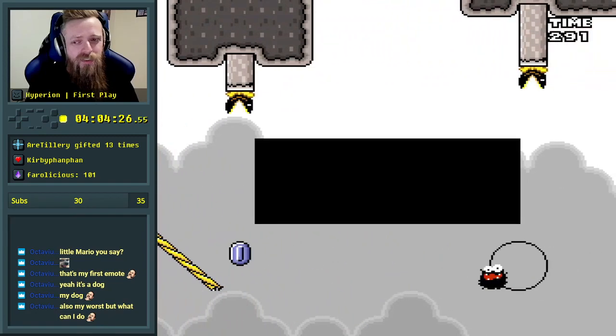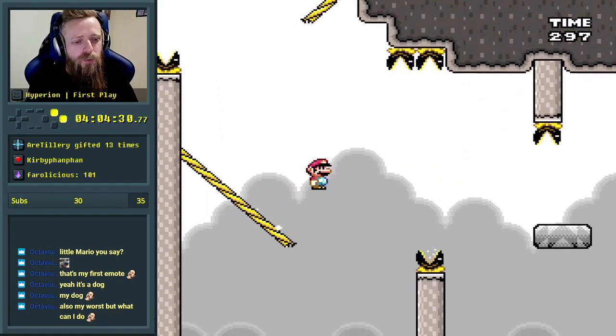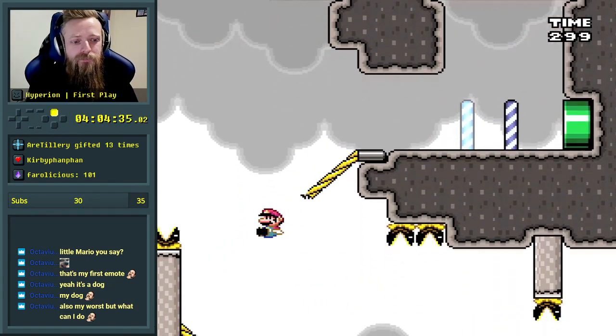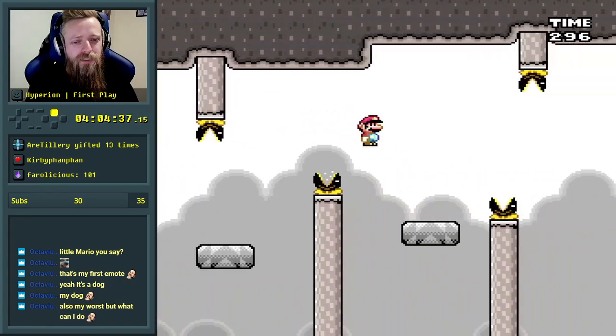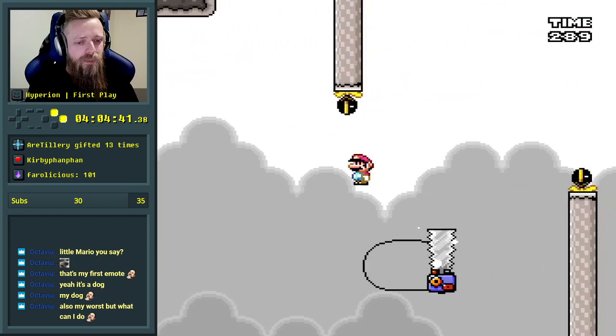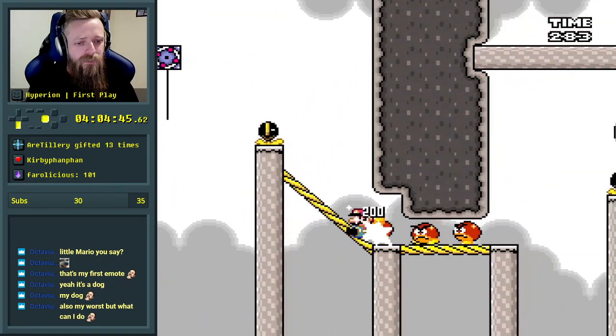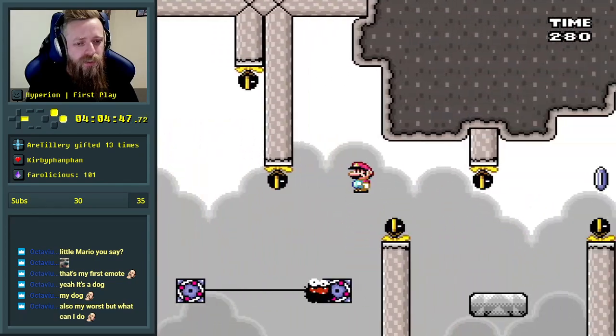Alright, so this section, that kind of section where I said all you have to do is hold the jump button. Turns out sometimes you don't just hold the jump button. Sometimes it doesn't line up exactly right because there's variance. Like I'm holding it there, had to release slightly there. Alright, and what was this? This is this thing.